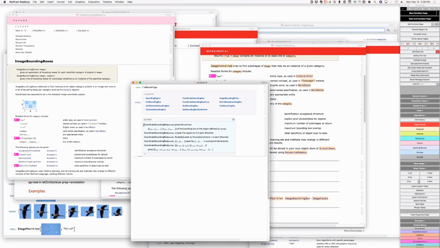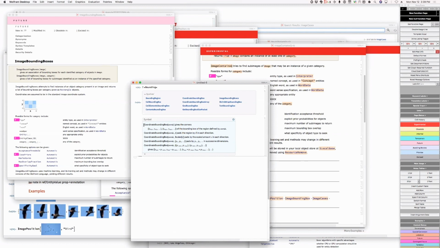Okay, so is coordinate bounding box consistent with image bounding boxes? In other words, if I say coordinate bounding box of image bounding boxes, I should get back the bounding box around all of those little pieces of images.